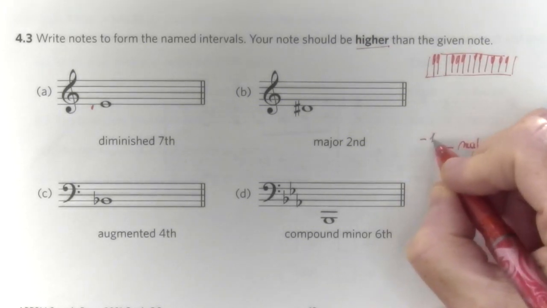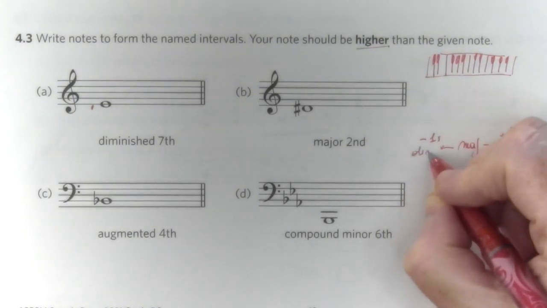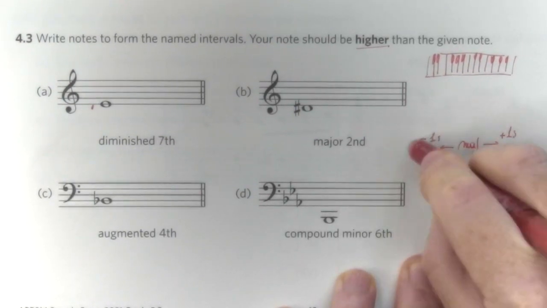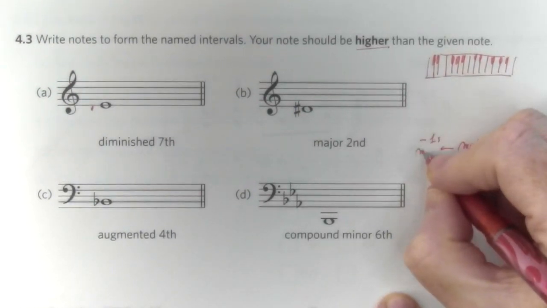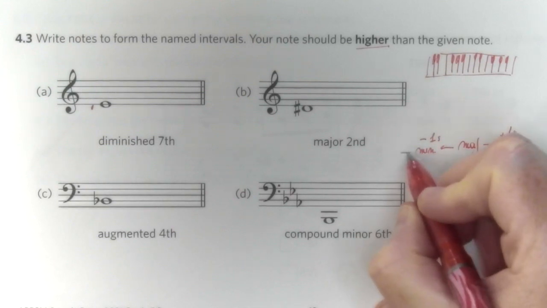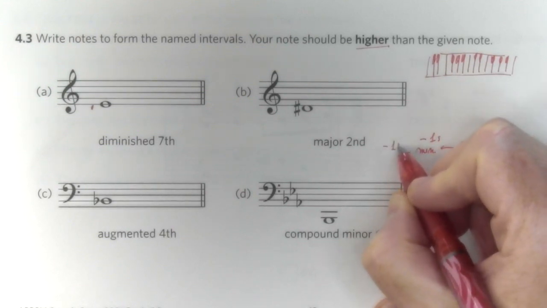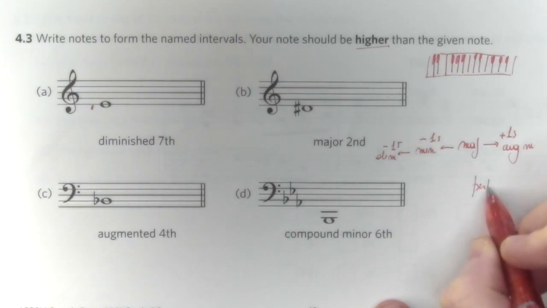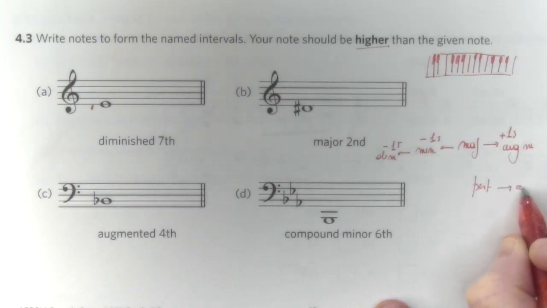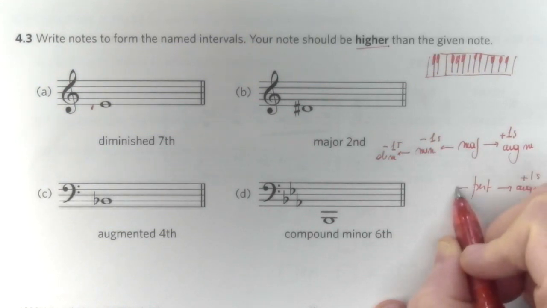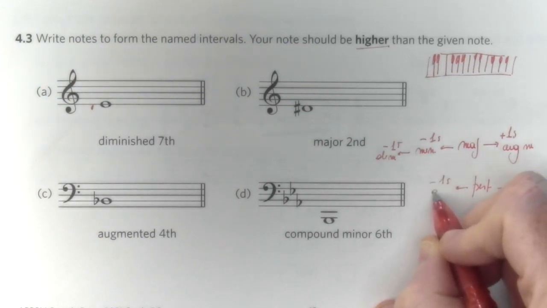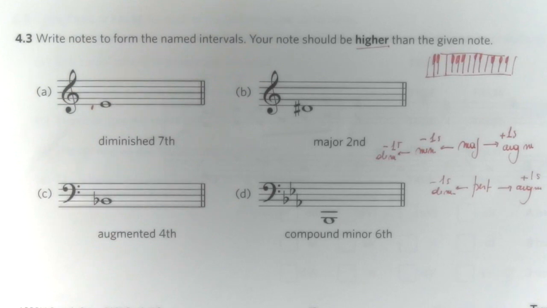Minus one semitone equals minor. Minus one tone equals diminished. The perfect interval becomes augmented if we raise it up, if it's plus one semitone, or diminished if it's minus one semitone.